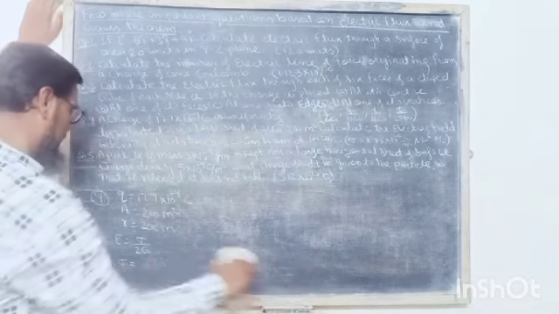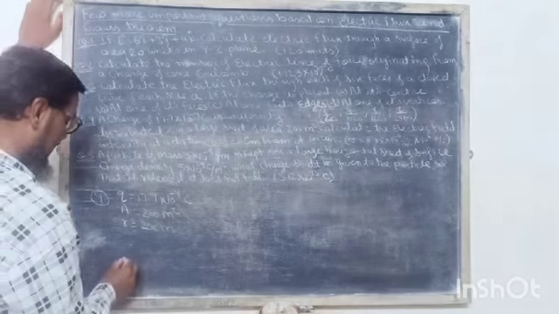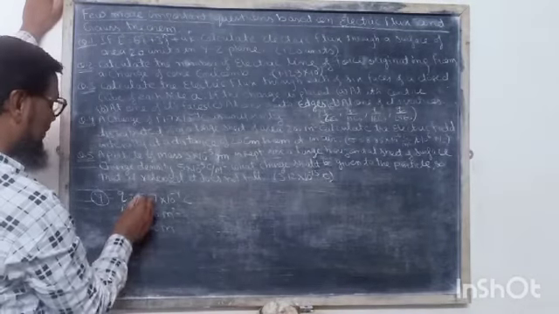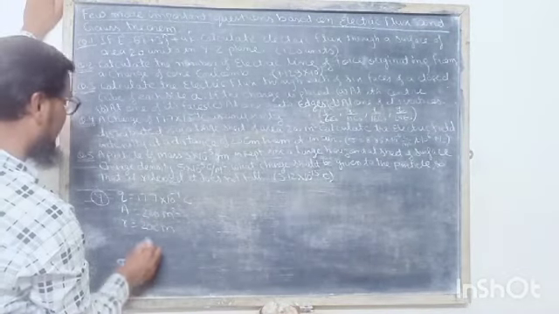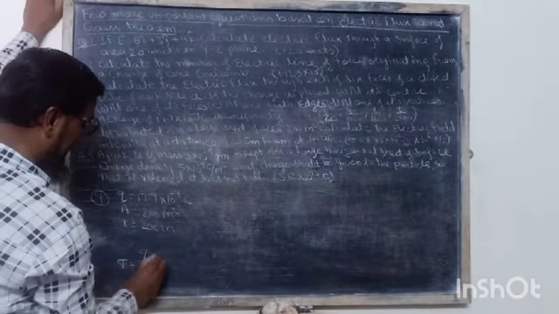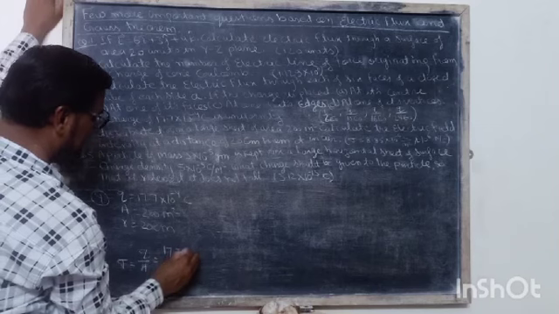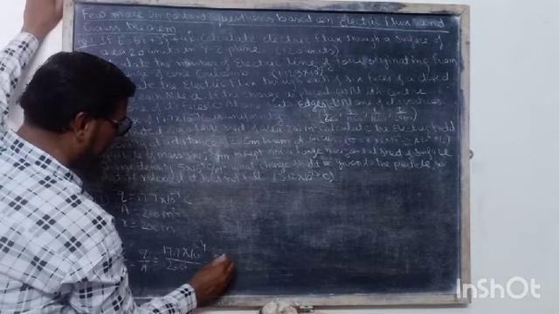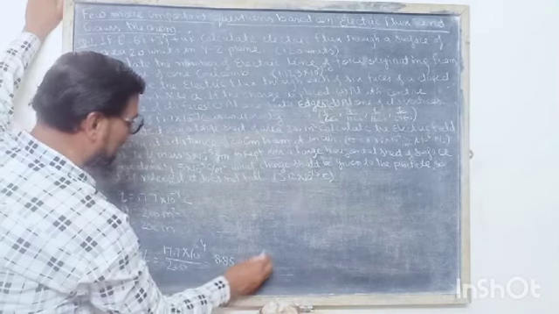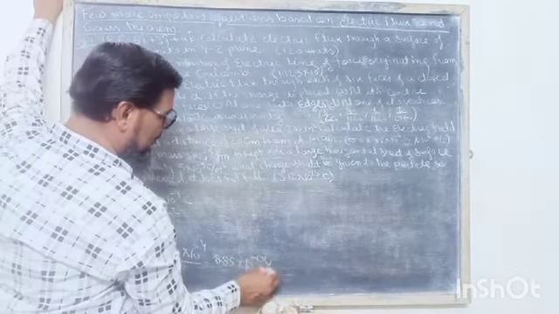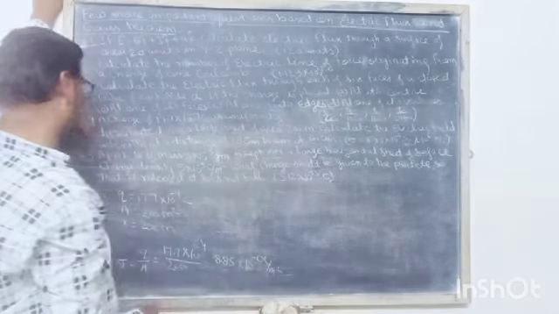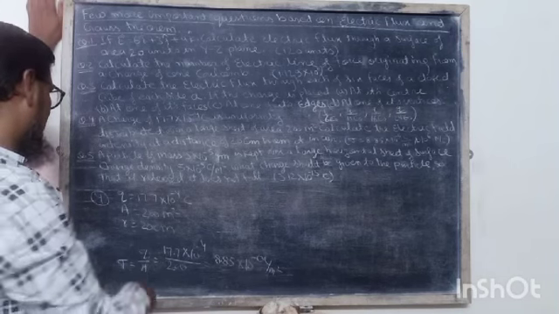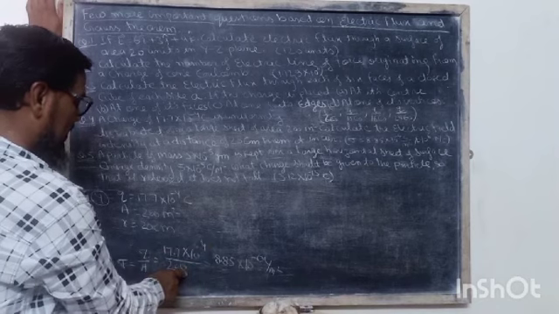Sigma is equal to Q upon A. The value of Q is 17.7 into 10 raised to the power minus 4 upon 200, meaning 8.85 into 10 raised to the power minus 6 coulomb per meter square.